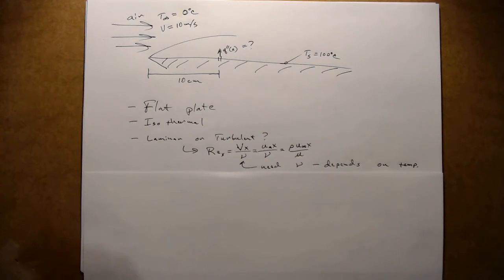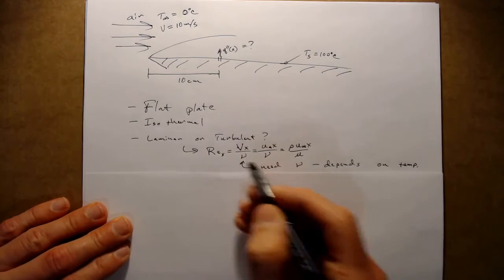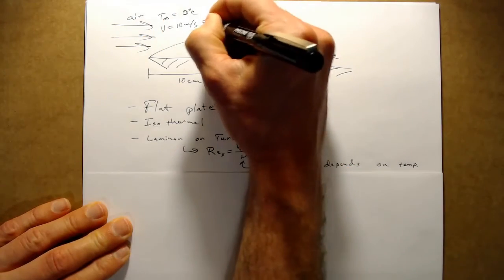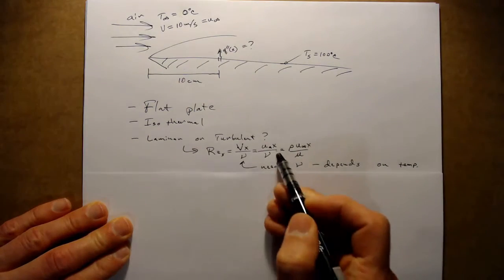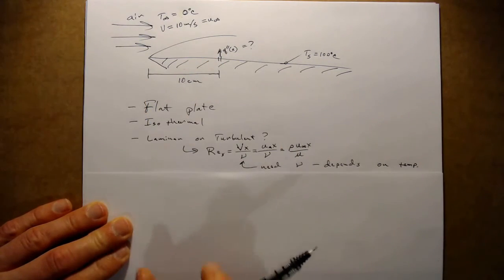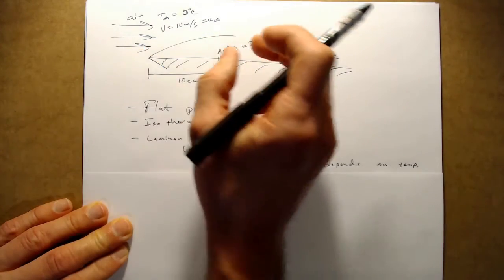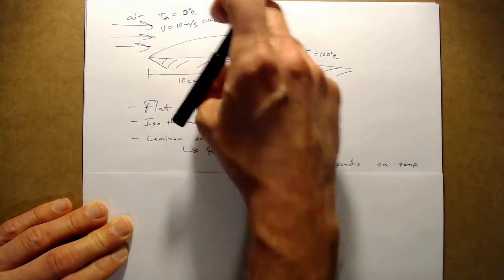So here's the first case where we need to worry about what the properties of the fluid are. In order to evaluate the Reynolds number, we've specified the free stream velocity, and we've designated our length scale where we want to evaluate the Reynolds number. Now we want to know at this point, is this boundary layer laminar, or is it turbulent?